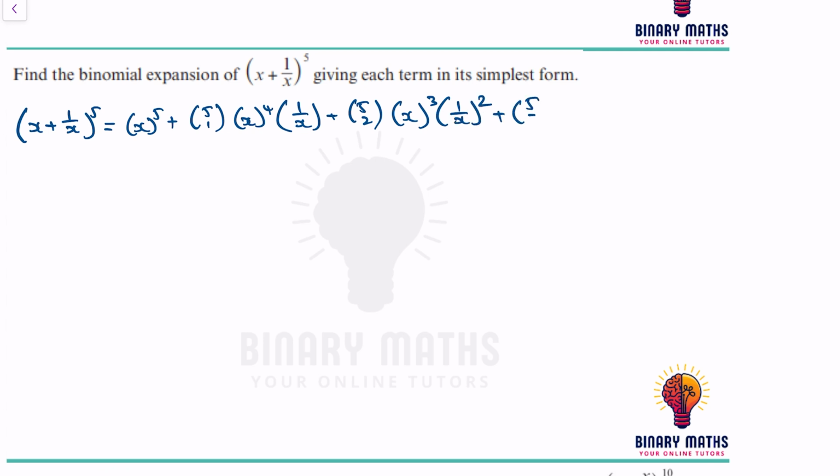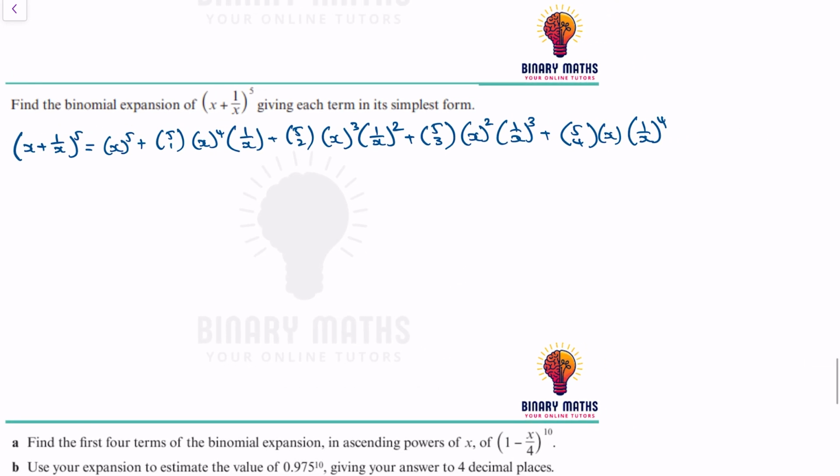Plus 5 choose 3, x all squared, 1/x all cubed, plus 5 choose 4, x times (1/x) to the power of 4, and the last term will be (1/x) all raised to the power of 5.